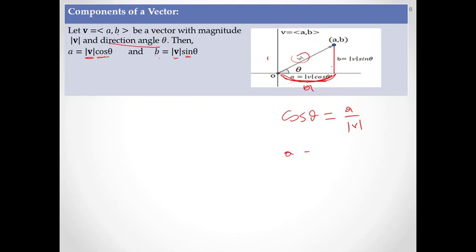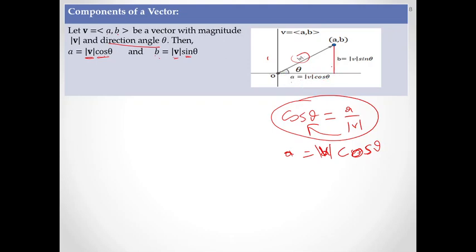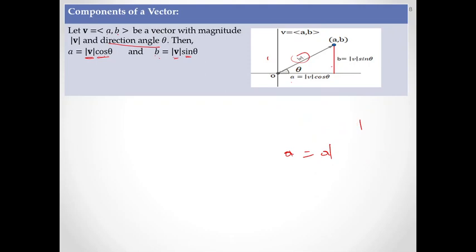Now you can multiply and get A is equal to the length of V times cosine theta. This is coming from the trigonometric ratios of a right triangle.